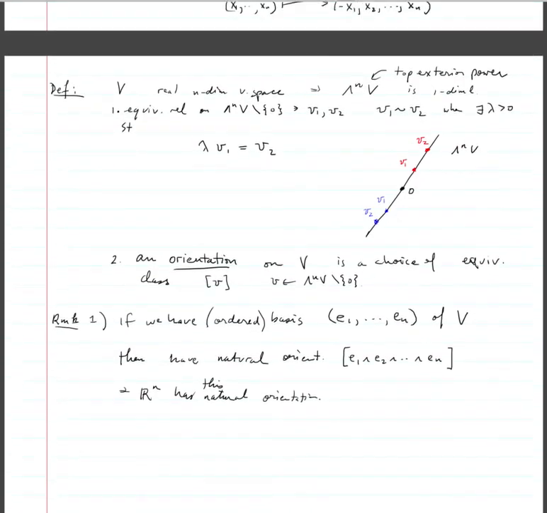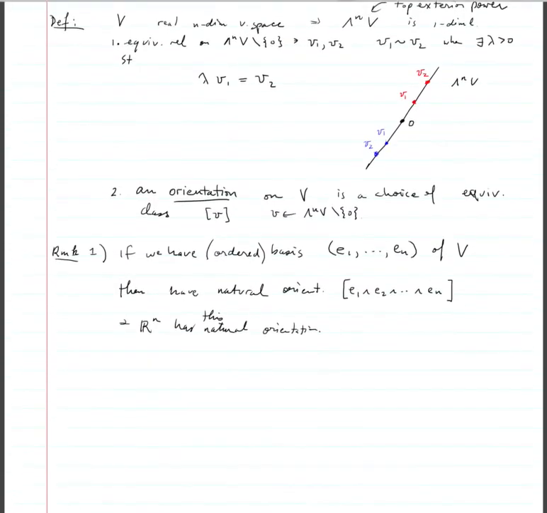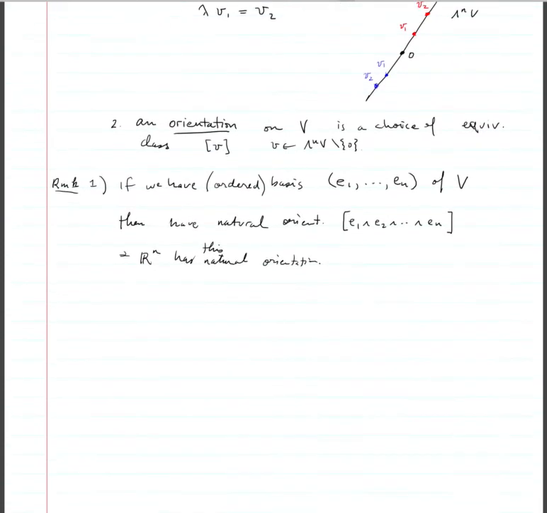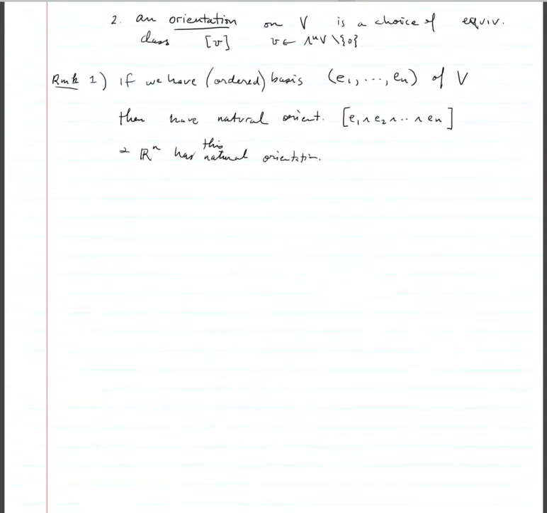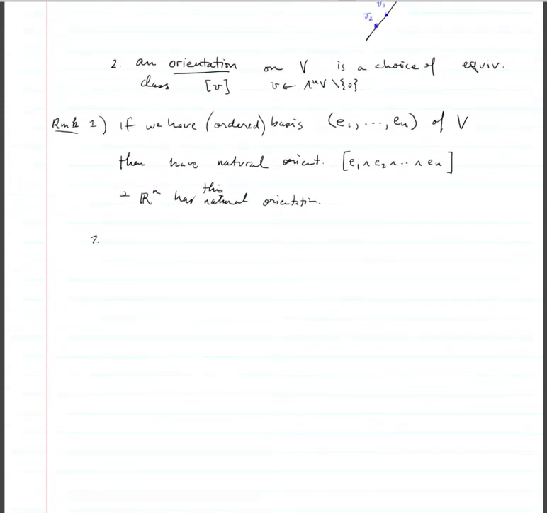Okay, now, what was the other remark that I wanted to make? Second remark is that in R^2, for example, for a two-dimensional vector space, oftentimes people say that an orientation is given by an arrow like this, like a rotation direction. They say this is one orientation and this is another orientation.